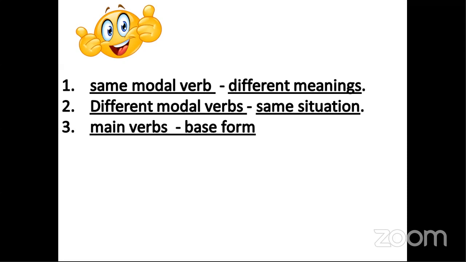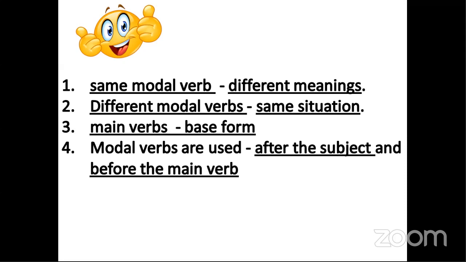Then modal verbs are used after the subject. Remember, Seema sings like a nightingale. Seema can sing like a nightingale. Modal verbs are used after the subject and before the main verb. And what was our fifth one? Modal verbs do not change forms, so they do not take an S, ED or ING at the end.